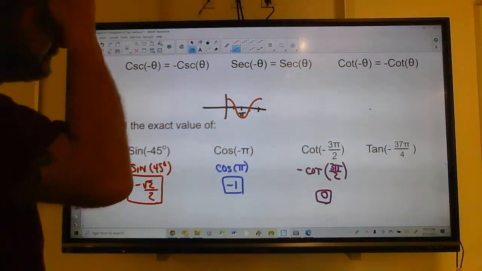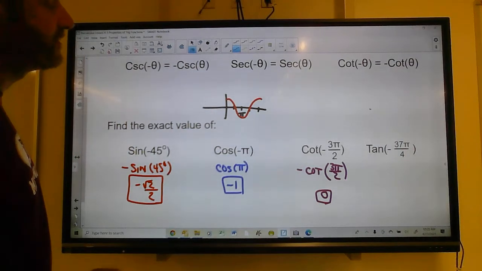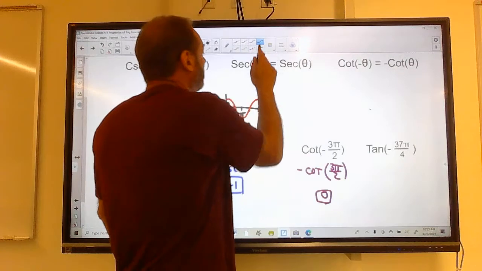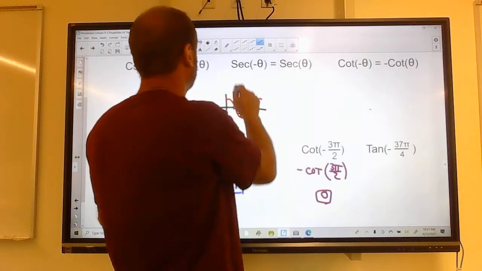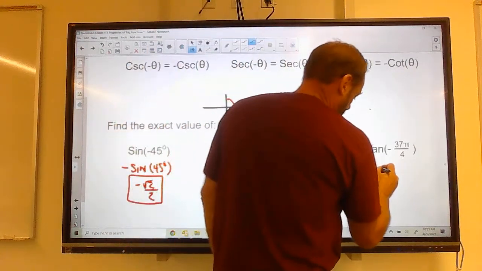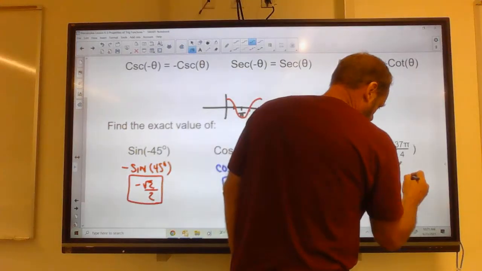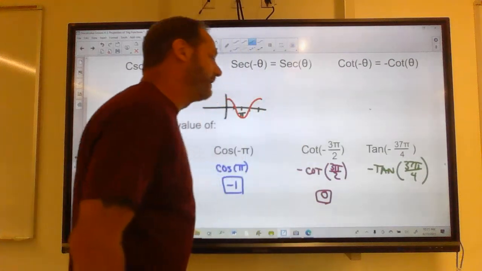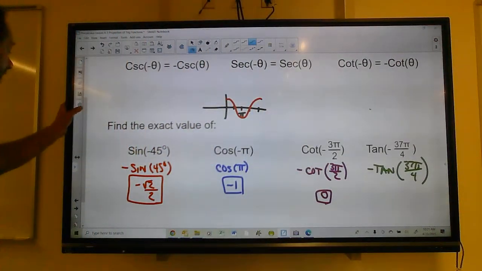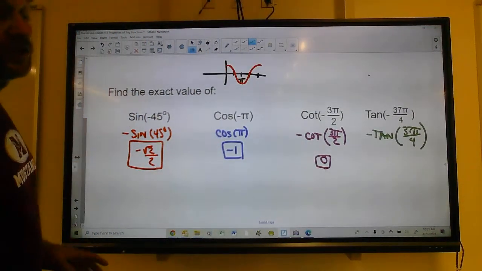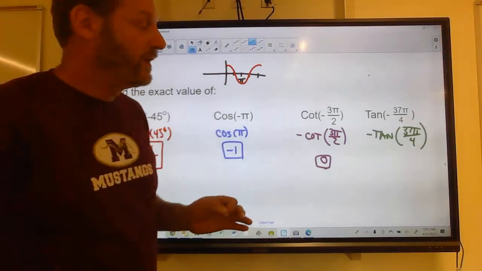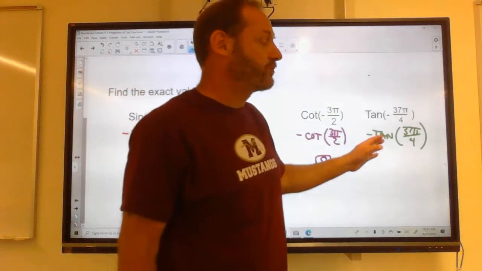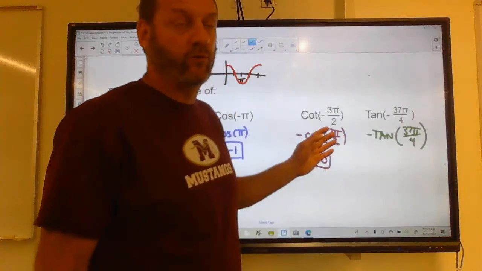Now this one's different. The tangent of negative 37 pi over 4. Well, that's definitely not on my chart. So remember, tangent, I can pull the negative out. Now that's still not on my chart. But remember, the period of tangent is pi. And since this is in fourths, that would be 4 pi over 4. So I can subtract multiples of 4 pi over 4.